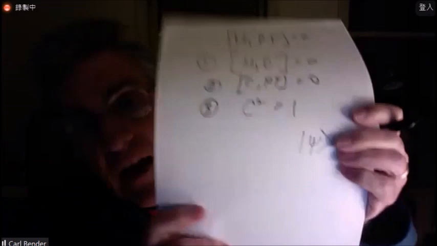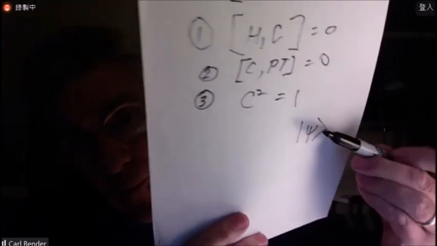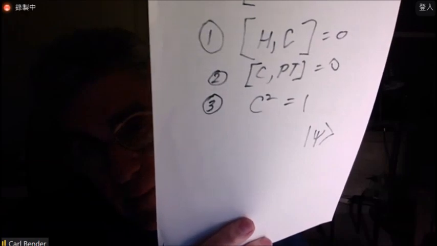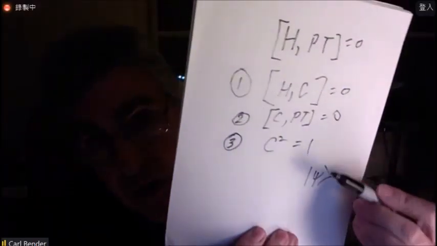And how do you define the inner product? Well, you take a state, let's call it psi. This is a state in a Hilbert space. What is the inner product? This is called a ket.